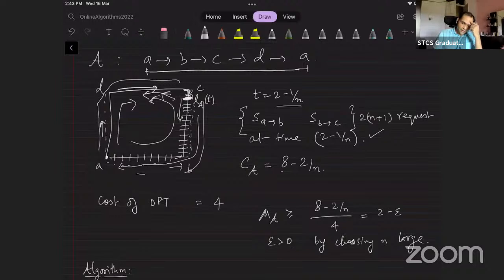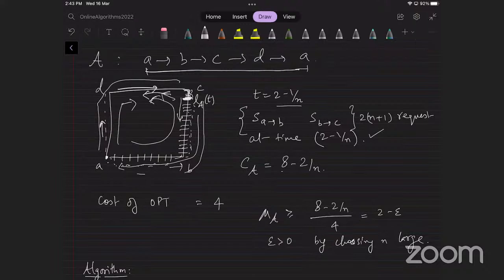Now all these requests are revealed. What will the algorithm do? Will it match 2 minus epsilon, or will it be larger than that? It will match up. Yeah, looks like it will match.